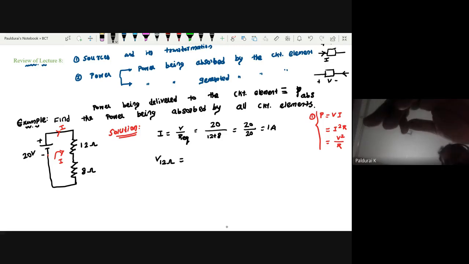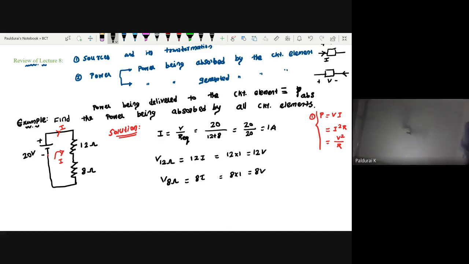As per Ohm's law, it is 12 times I, which is 12 times 1, so 12 volts. What is the voltage across the 8 ohm? 8 times I, which is 8 times 1, so 8 volts. How will you assume the polarity for resistors? There is no polarity for a resistor, but always consider this end positive and this end negative.